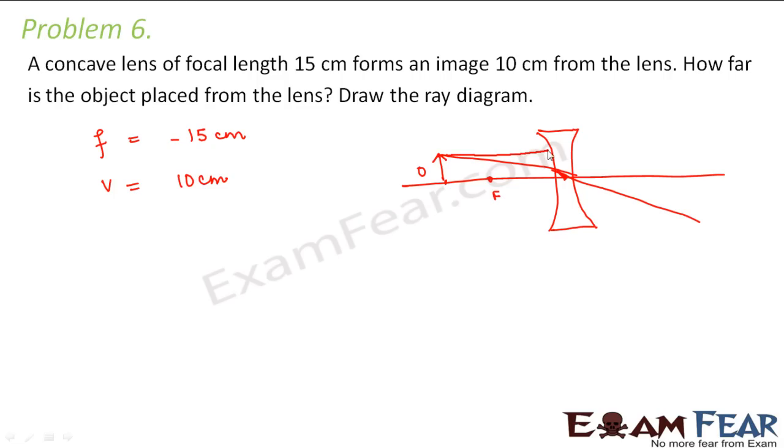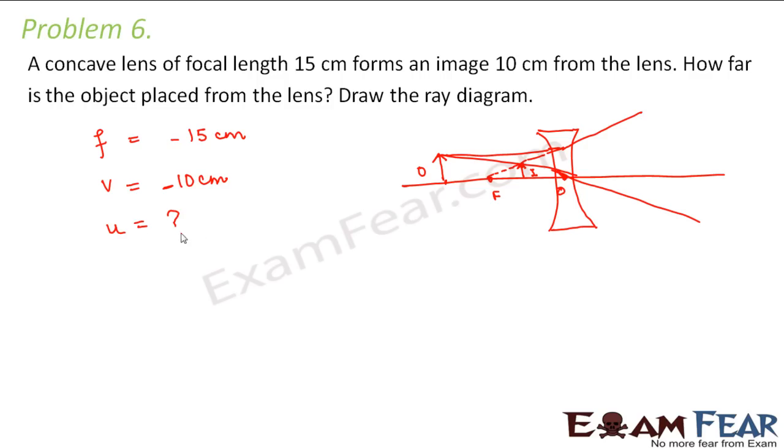Another ray of light parallel to the principal axis gets diverged after refraction. When it is joined back, both meet at this point, and this is the image formed. Right? So in this case, my image is formed at this point. V is also negative because it is on the left hand side compared to the optical center.